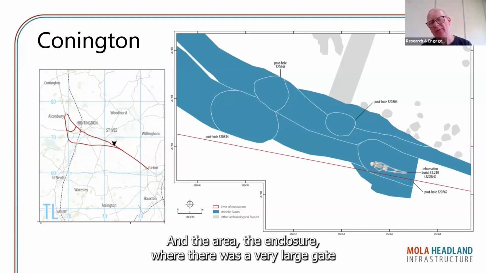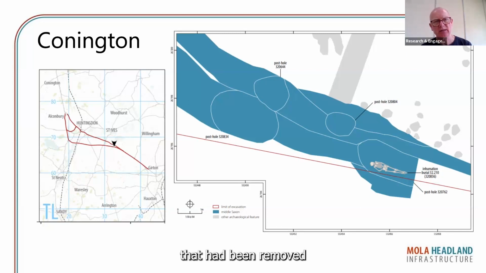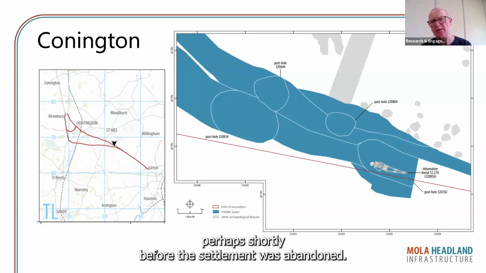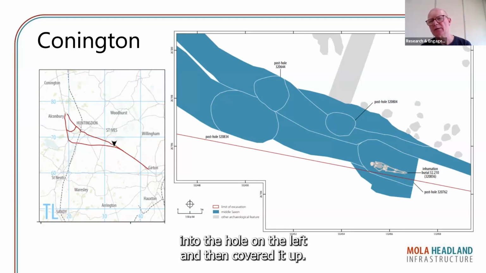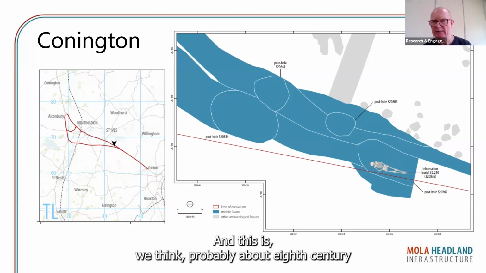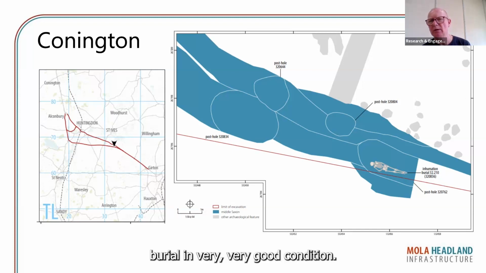And the area of the enclosure where there was a very large gate that had been removed, perhaps shortly before the settlement was abandoned. Now, after they removed one of these posts, they placed a burial into the hole that was left and then covered it up. And this is, we think, probably about 8th century burial in very, very good condition.